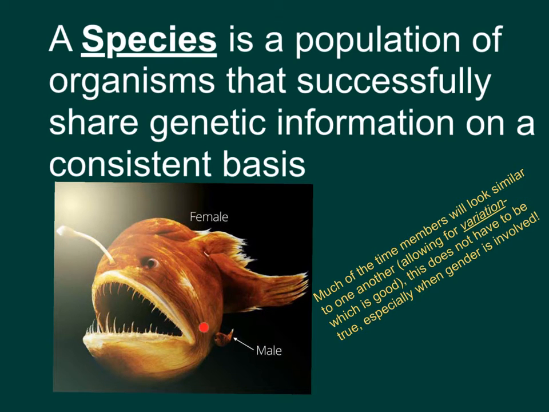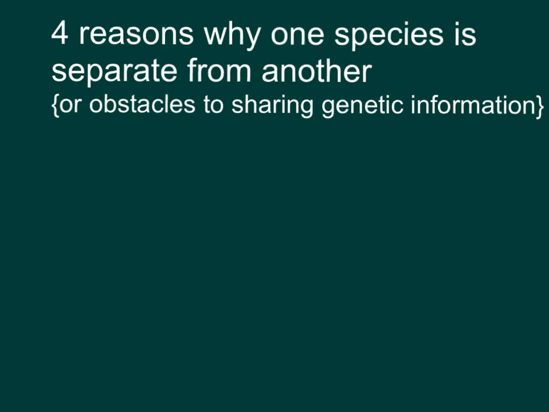And so this male looks so different from the female that you might, if you collected them separately, think they were different species. But here is the important thing. Because a species is a population of organisms that successfully share genetic information, well, that's exactly what the male is doing. It's sharing genetic information. So a species is not defined by what the animal looks like. It's defined by sharing genetic information.